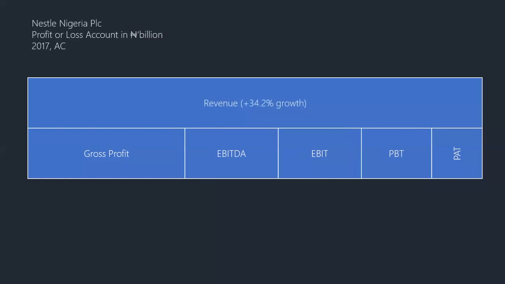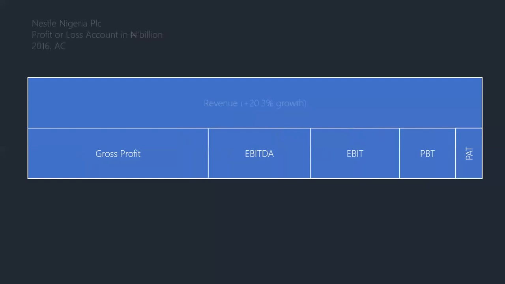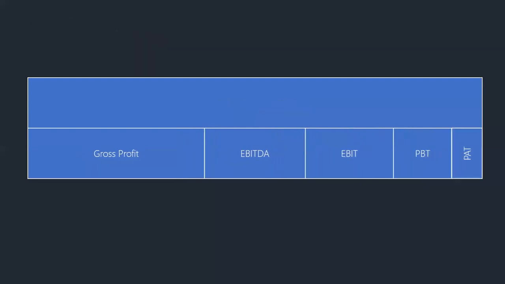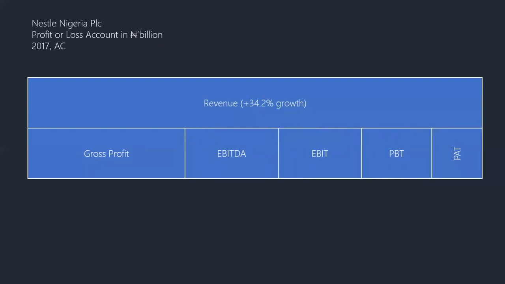If you look at 2017, this growth was very significant. The next question is, what happened in 2017? This is 2016, 20.3, and in 2017, 34.2. The next question, what happened in the economy? What happened in the markets? What happened in the industry? Do you think such a thing might continue to happen? Do you think such a thing might repeat itself in the future?